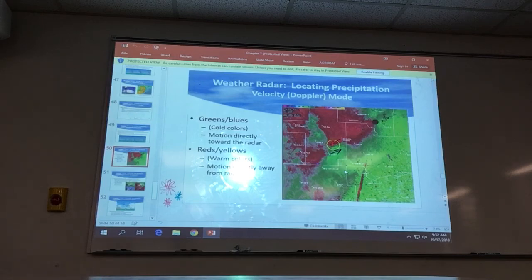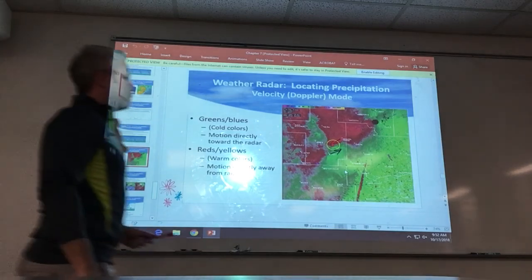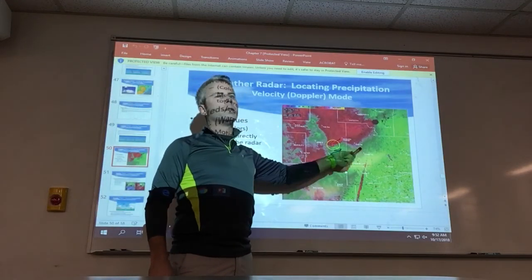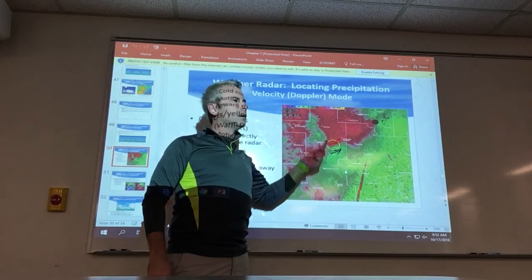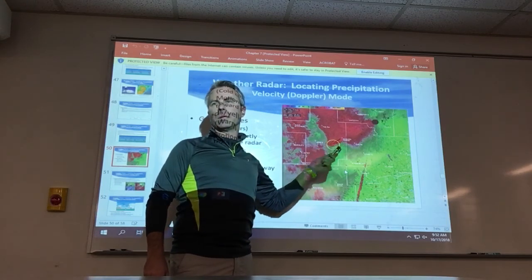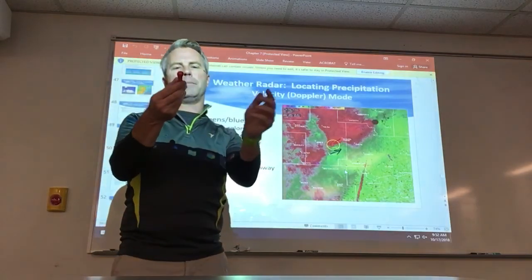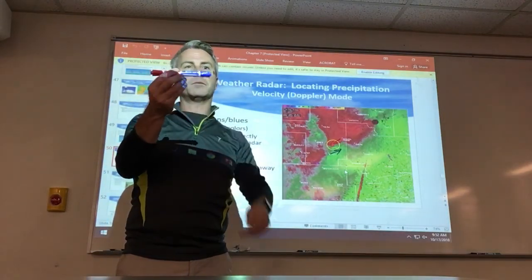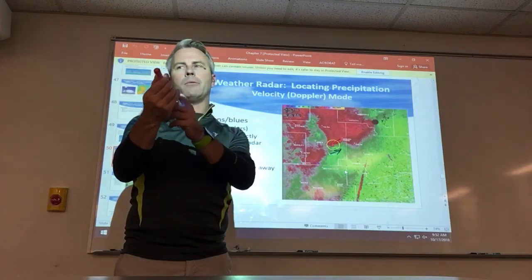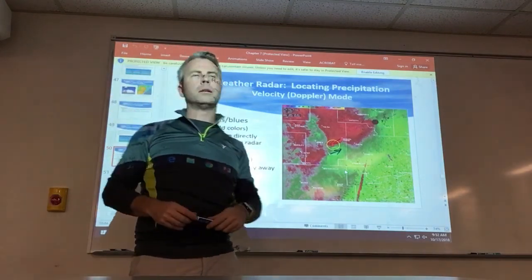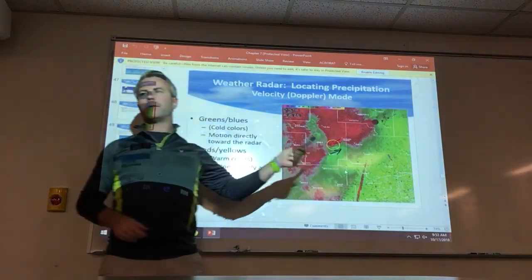If I have a tight enough spot where I've got one wind moving that way and one wind moving this way, it's going to create a little bit of spin between those two points. Like I said last time, if I pull it that way, it's going to spin it that way. If I pull it that way, it's going to spin it that way. So I'm creating this sort of horizontal spin, and that's what we look for whenever we see these signatures.